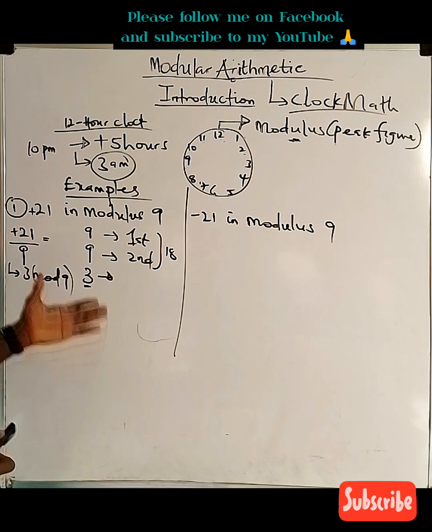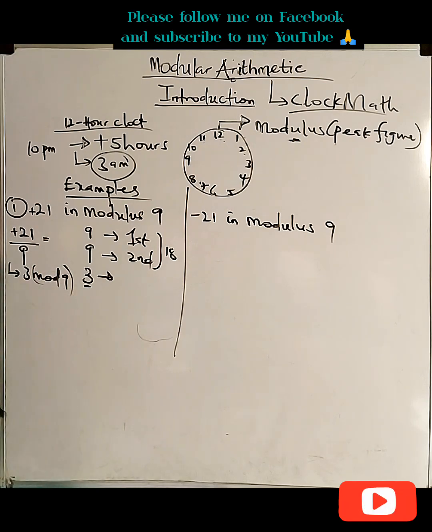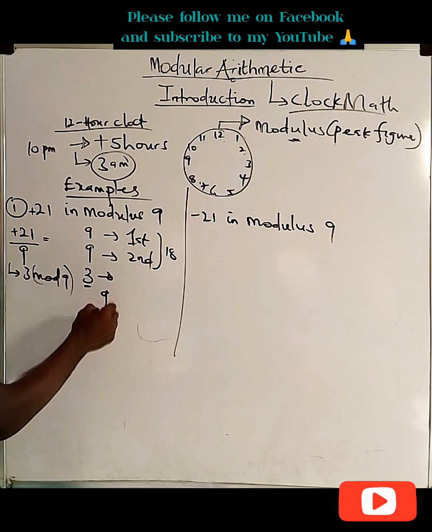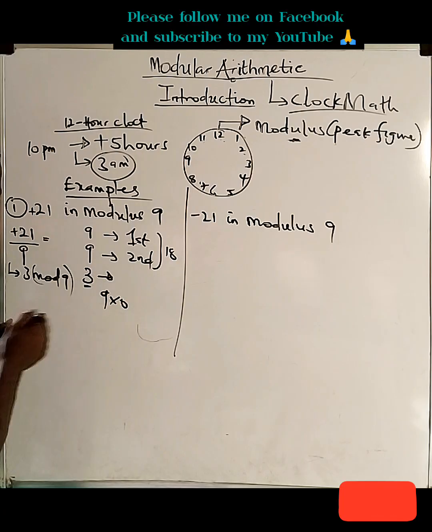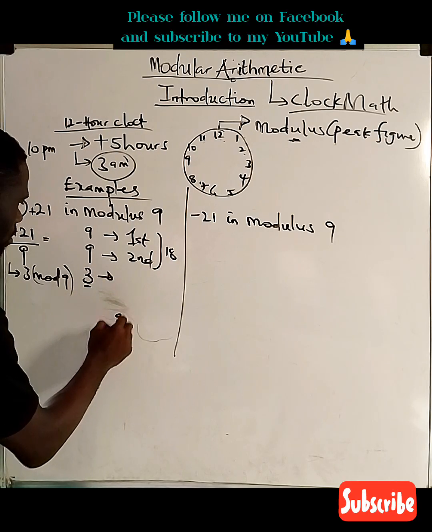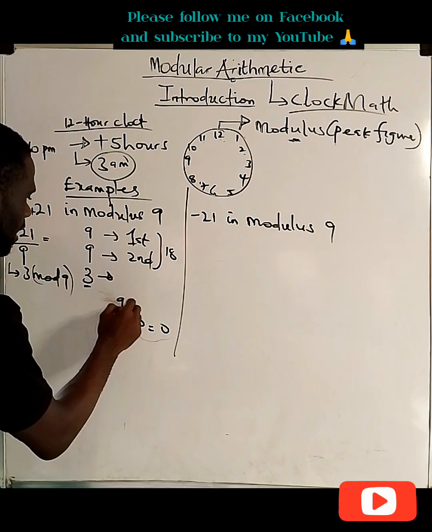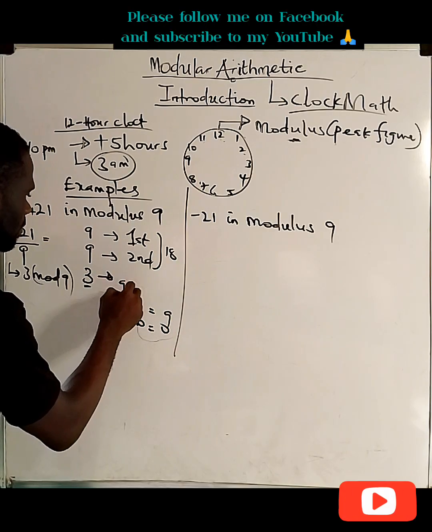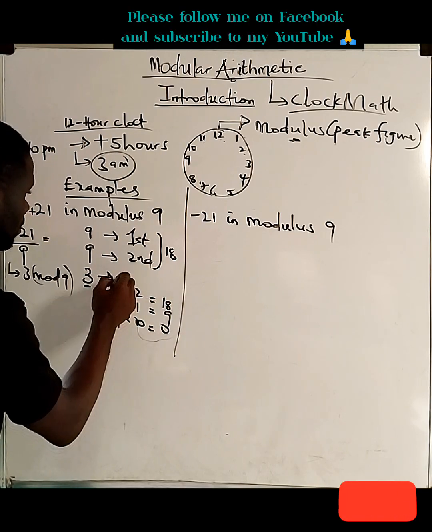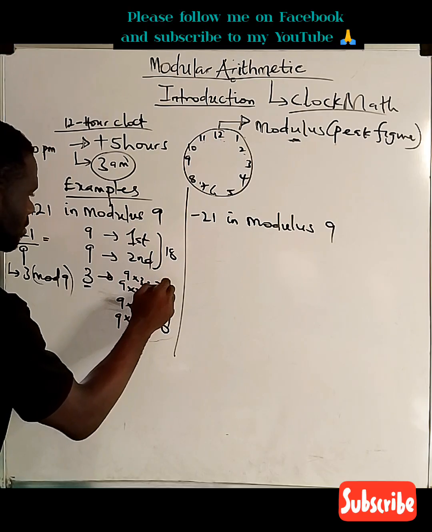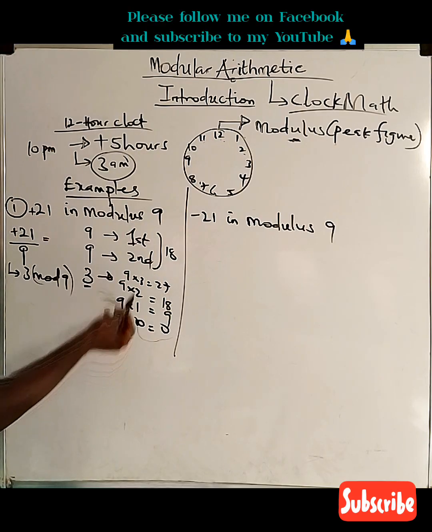So there's another way you could do this, just like our normal division of numbers. You can create a 9 times table. 9 times 0 is 0. 9 times 1 is 9. 9 times 2 is 18. 9 times 3 is 27. What we are looking for is not up to 27.